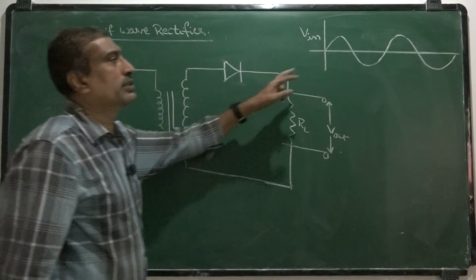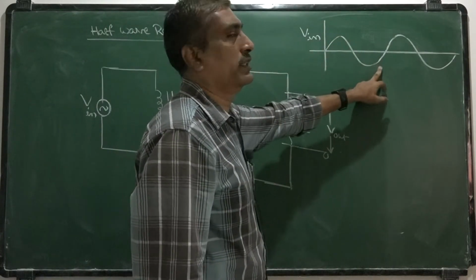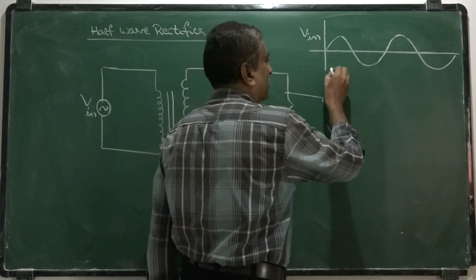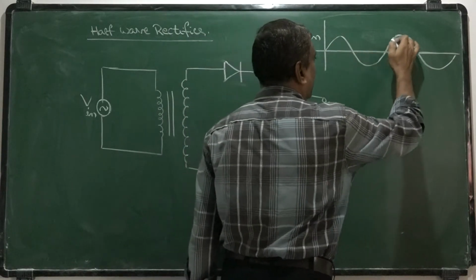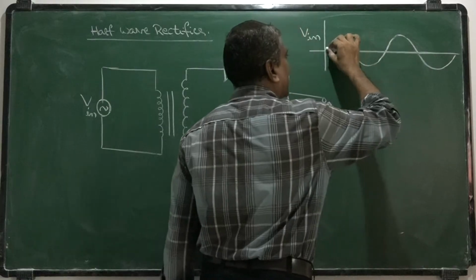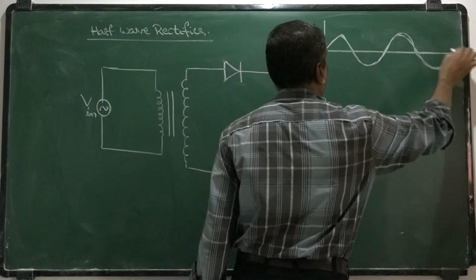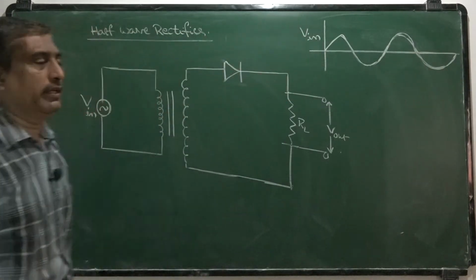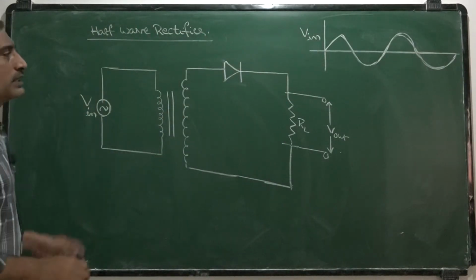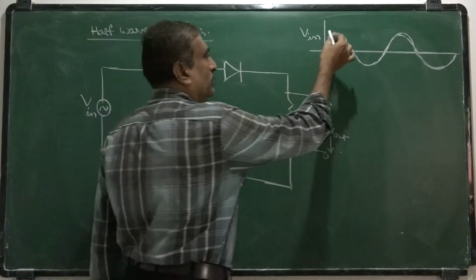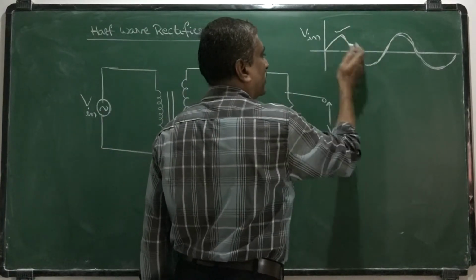It gives positive half cycles and negative half cycles. With respect to time, its voltage varies like this and possesses both positive and negative values, changing periodically.